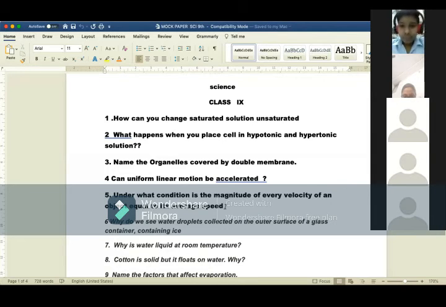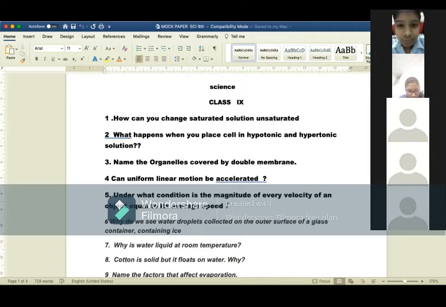Ma'am, total distance covered upon total time taken. Yes, and they are asking you under what condition is the magnitude of velocity of an object equal to its average speed? When will the magnitude be the same as the average speed? Ma'am, when it travels in one constant direction along a straight path.